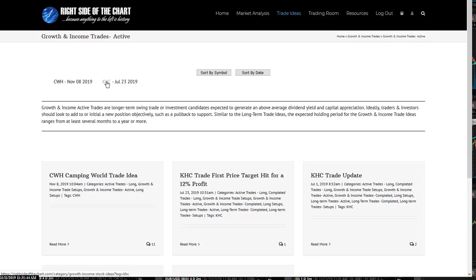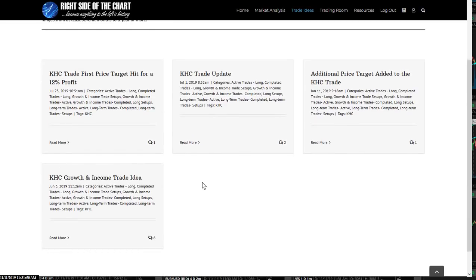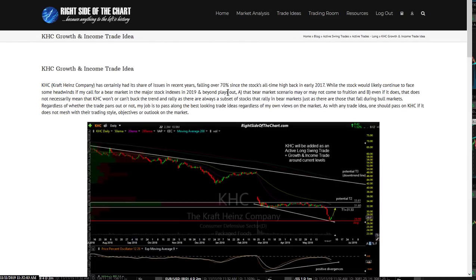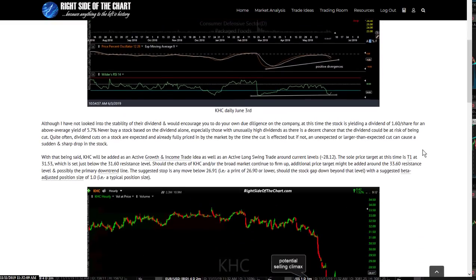If you come into a trade idea, click on KHC. That's a clickable link, all these symbols up in the tag. It will then load all posts related to that trade, in reverse chronological order, starting with the most recent down to the oldest. If you go one at a time, you'll see the trade idea. I make a case for it fundamentally, technically, and then I give the entry criteria.